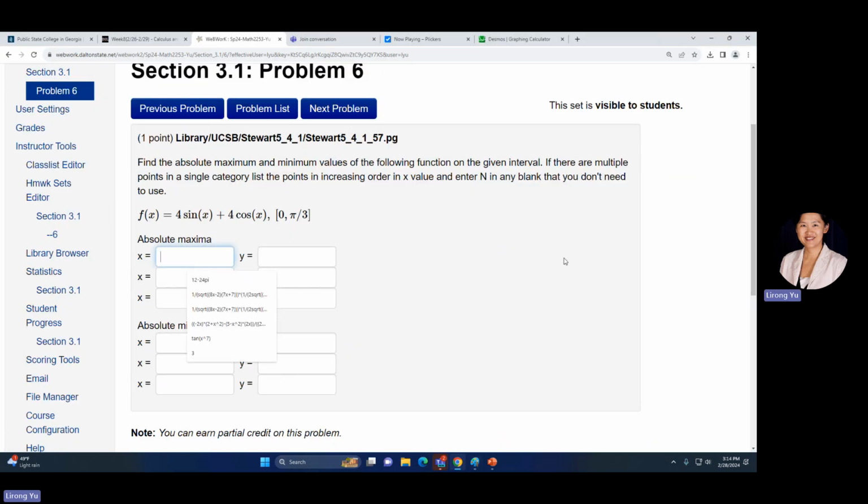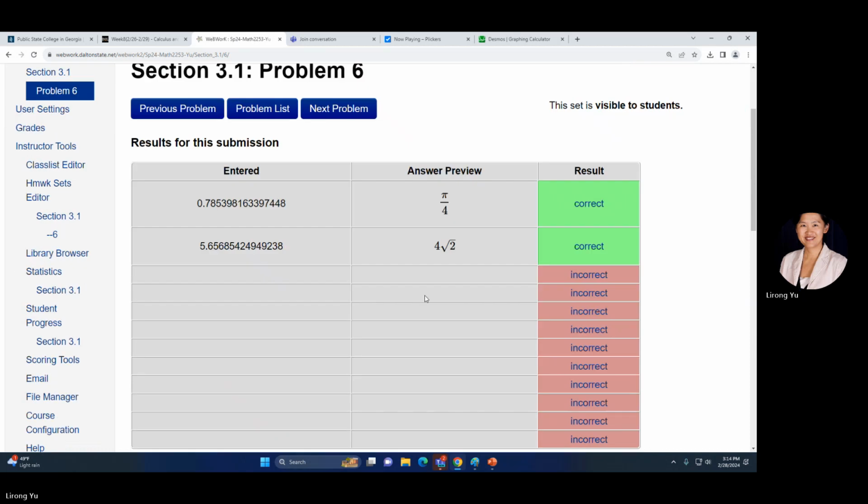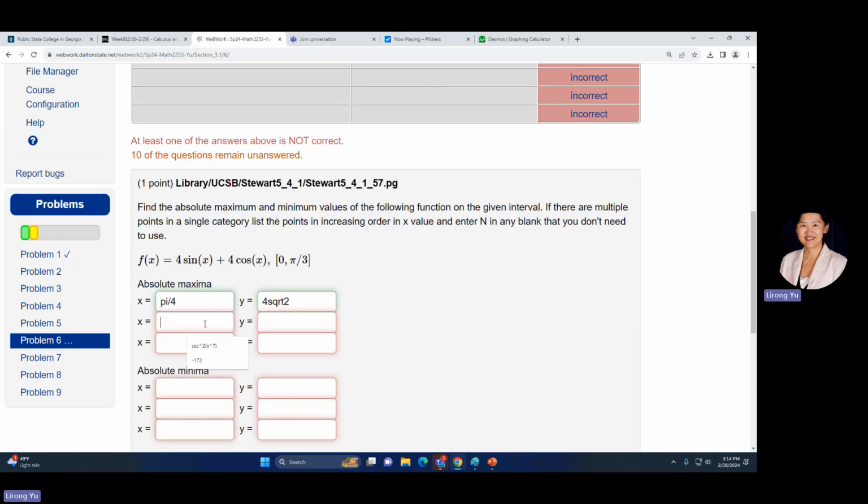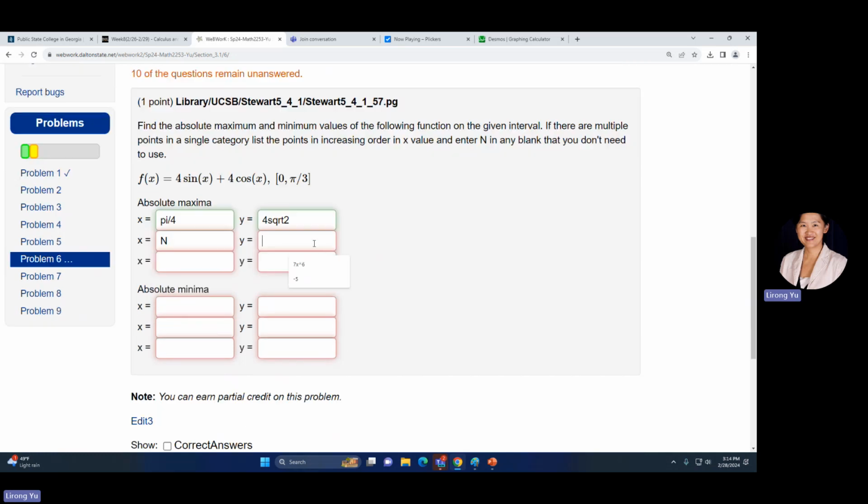So let's at least say what the maximum was. It happened at pi over 4. The value is 4 times square root of 2. See, at least those are right. And then we have a bunch of n because there is only one maximum and one minimum.